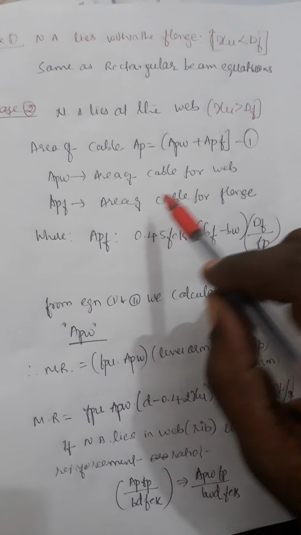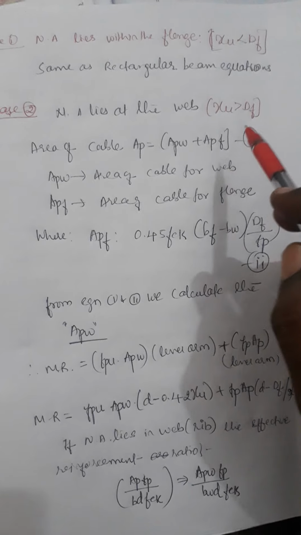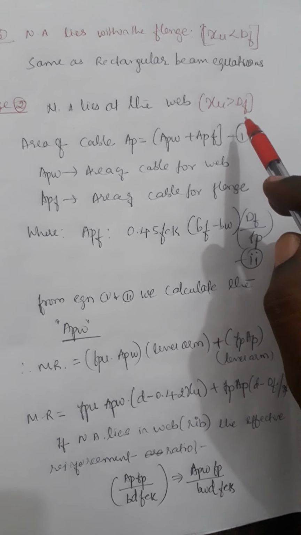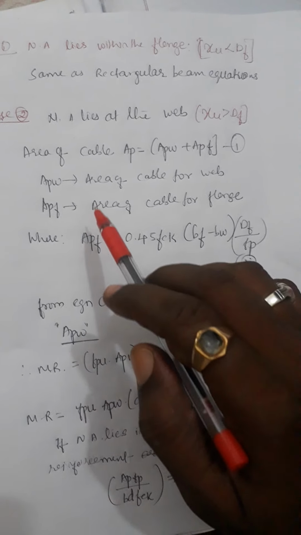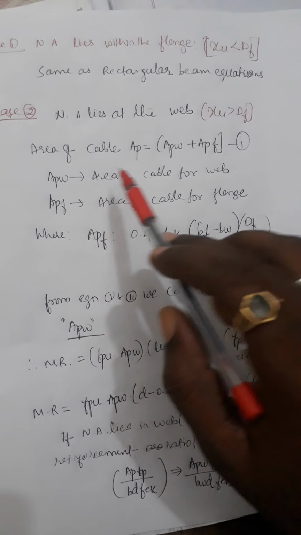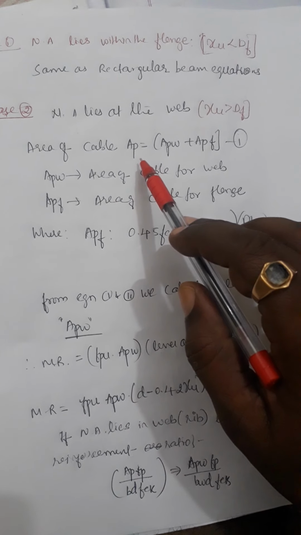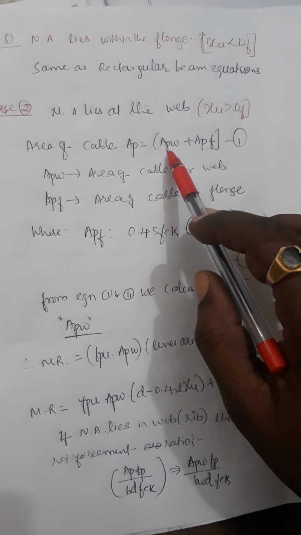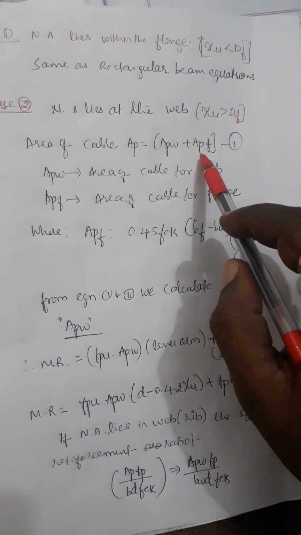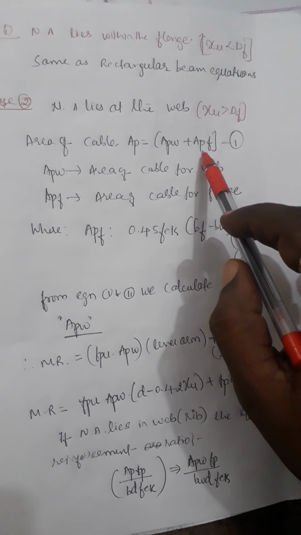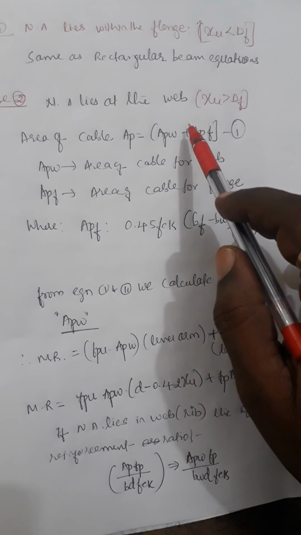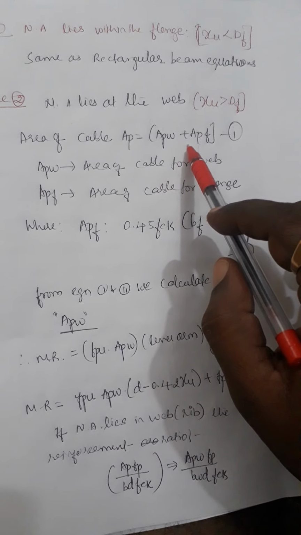Similarly, case 2, where the neutral axis lies at the web, that is xu is greater than the depth of the flange. So that is given by the area of cable equal to Ap, that is the area of pre-stressing web plus the area of pre-stressing flange, because we will be having steel in the web and also in the flange.